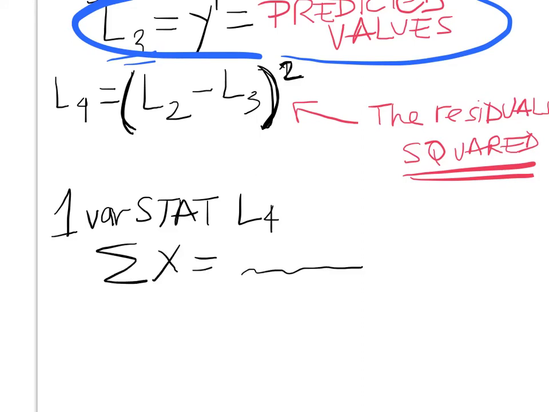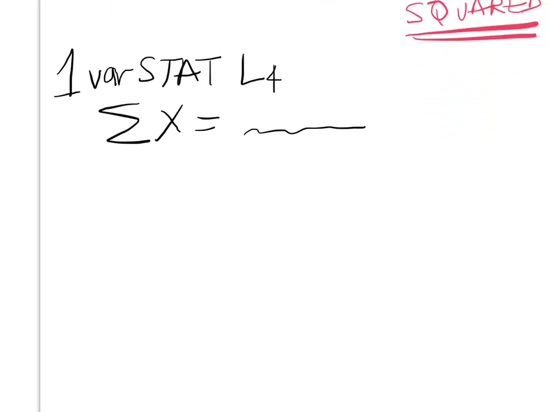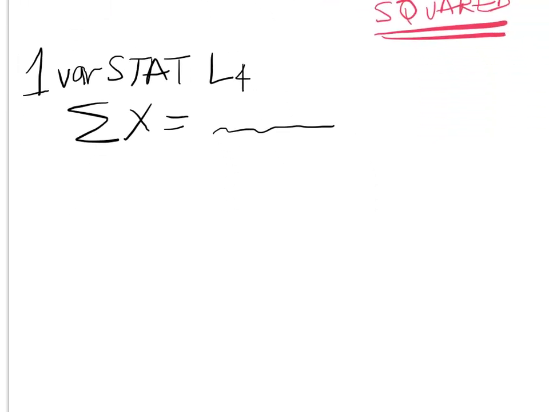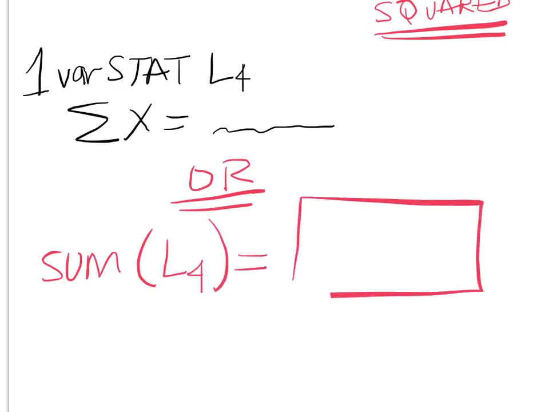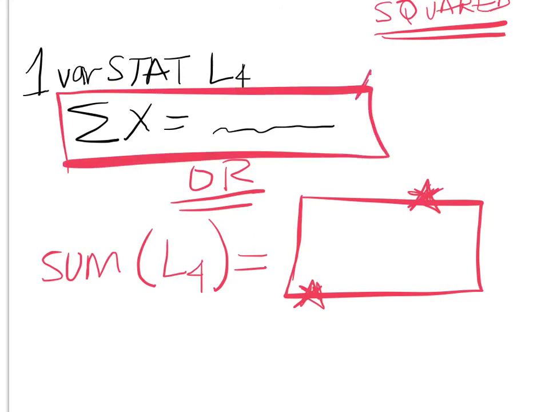Or we can also have the option of doing the sum of L4, and that's going to give you the sum of the squared residuals. That'd be your answer. Again, this is the other way, and that would be the answer. These two should be exactly the same.